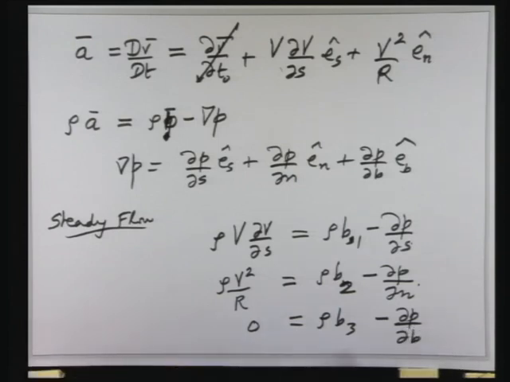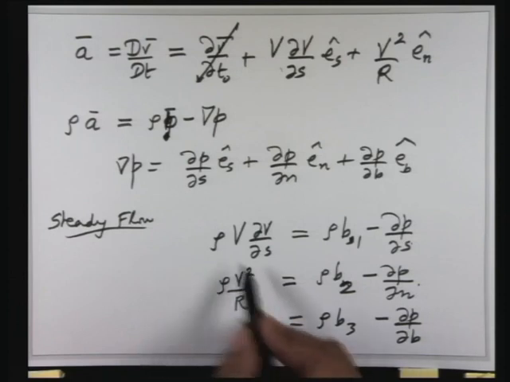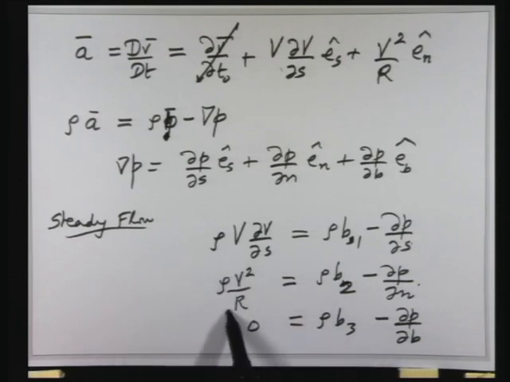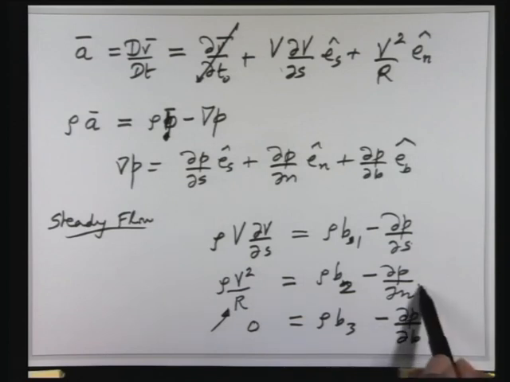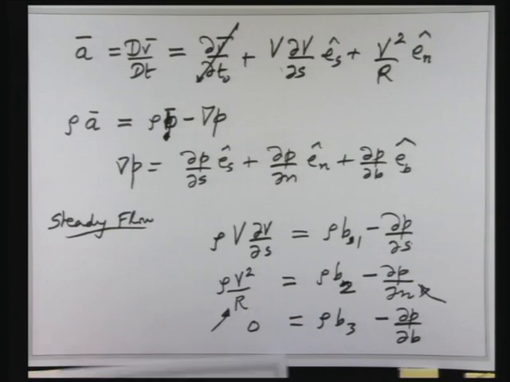Now you see that if the streamline is curved, then you have a centripetal acceleration here, and the pressure gradient must balance that. So even if there is no flow perpendicular to the direction, you cannot apply the hydrostatic relation for that.